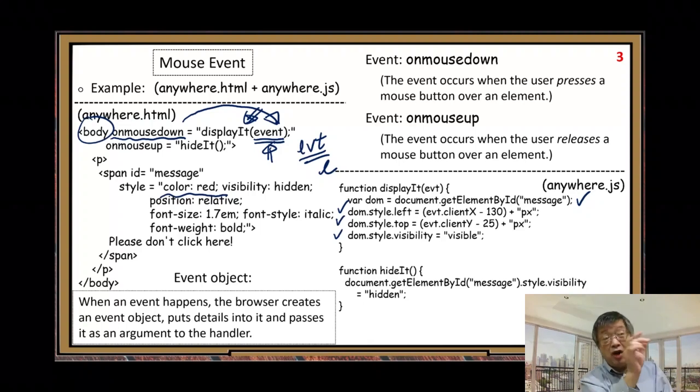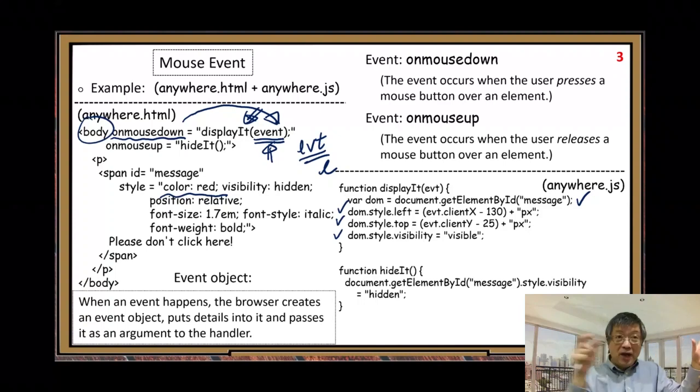Event.client x is the mouse cursor's x coordinate, a number of pixels. Because you want to make an adjustment, you subtract 130 from that number.